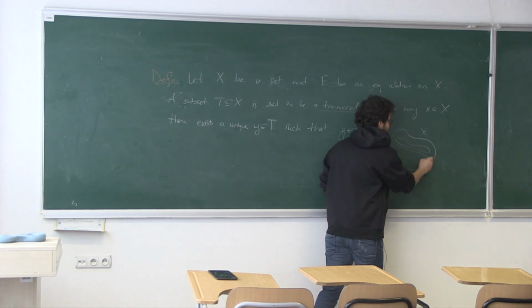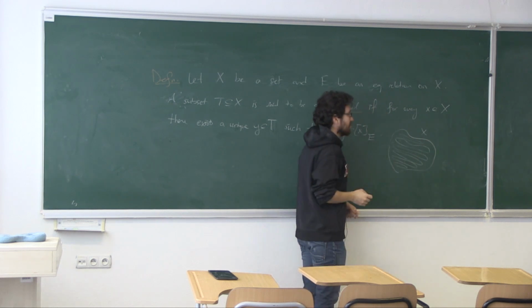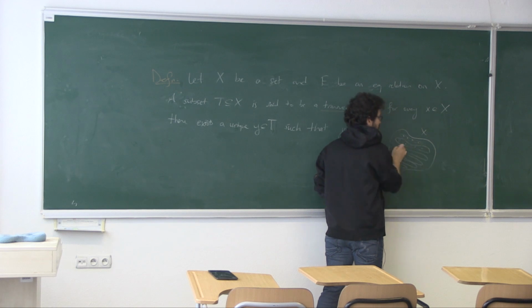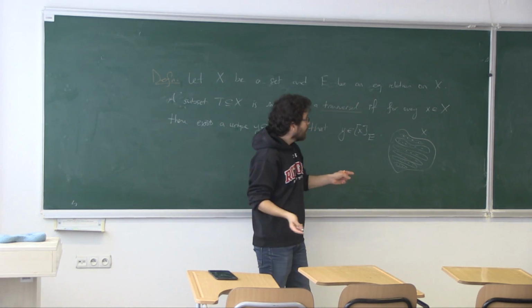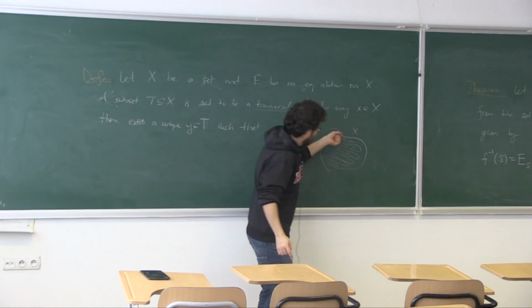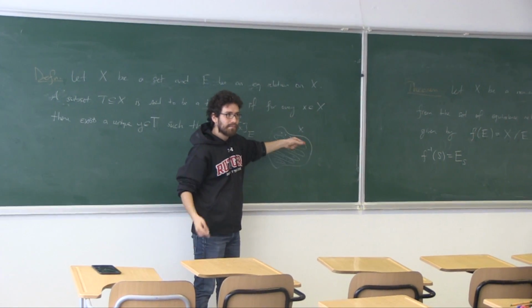So you have equivalence classes, okay? So these are my equivalence classes. These elements are all equivalent to each other. They're not equal, they're equivalent to each other under this equivalence relation. Because the quotient space is a partition, there are no more elements in X. Every element is contained in some equivalence class, namely the equivalence class of itself.